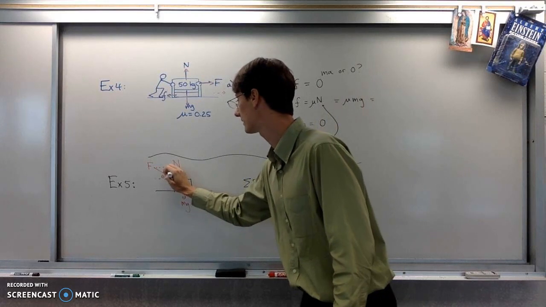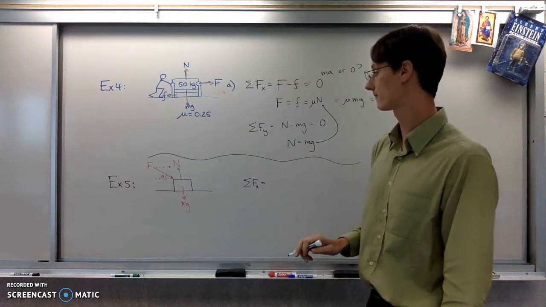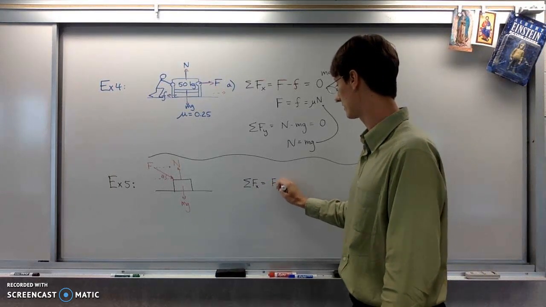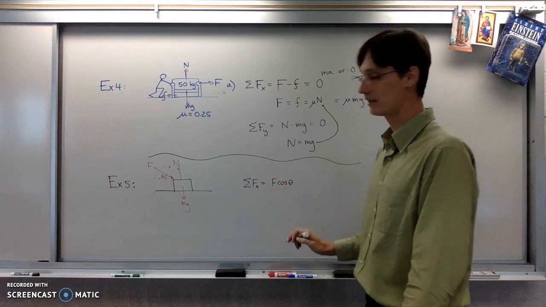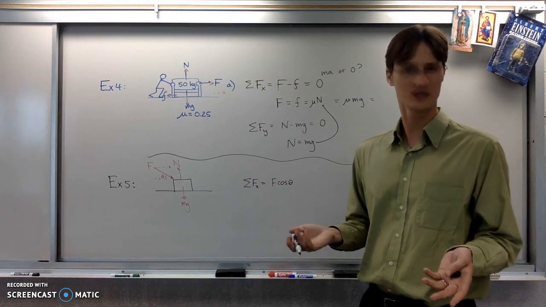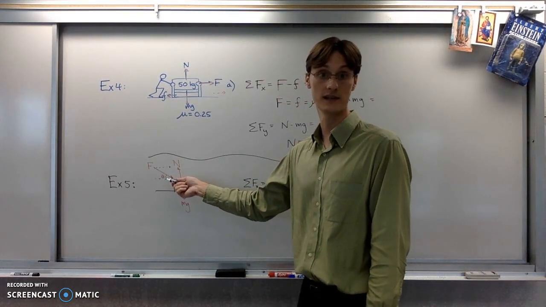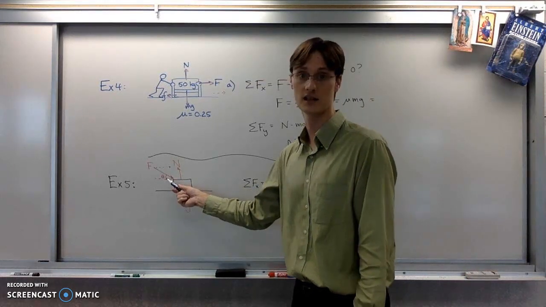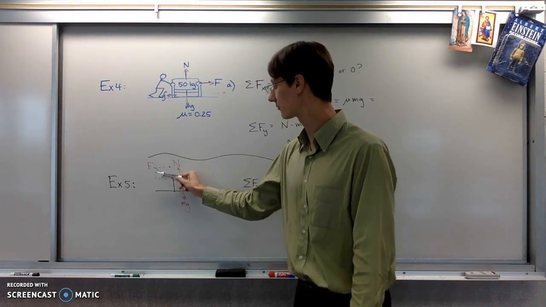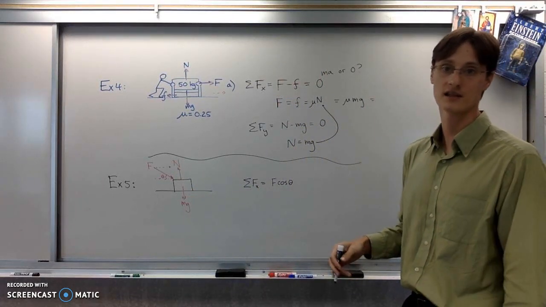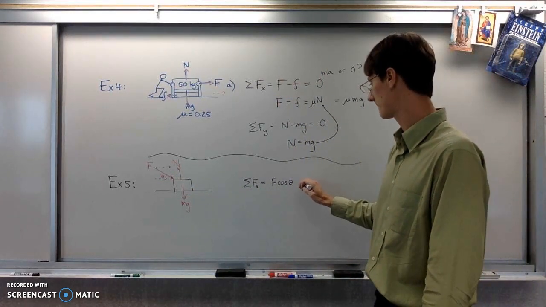That's the only x force. So that would be F cosine theta. Cosine is what it usually is, unless I do something awful like give you the other angle. This angle is given from the horizontal, so F cosine theta is going to give you the x component.